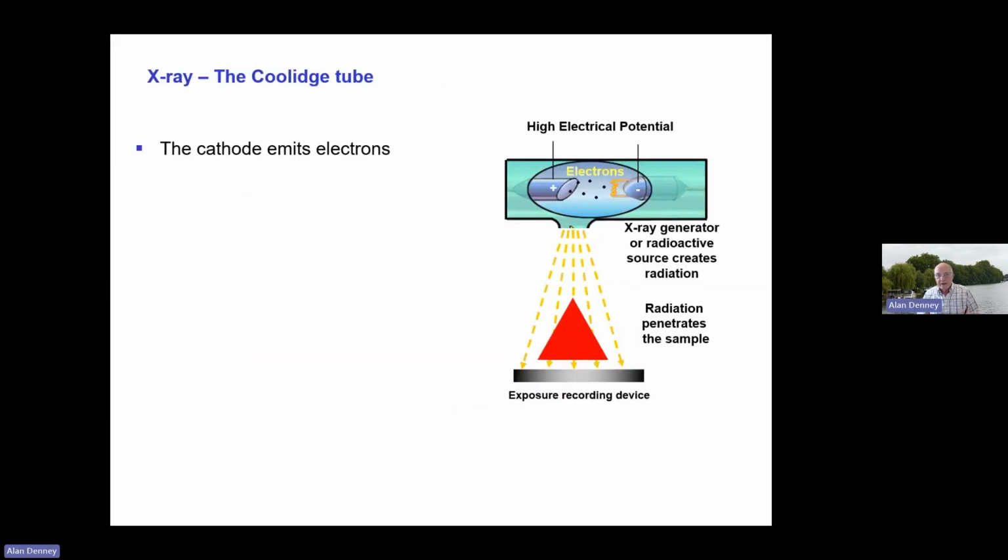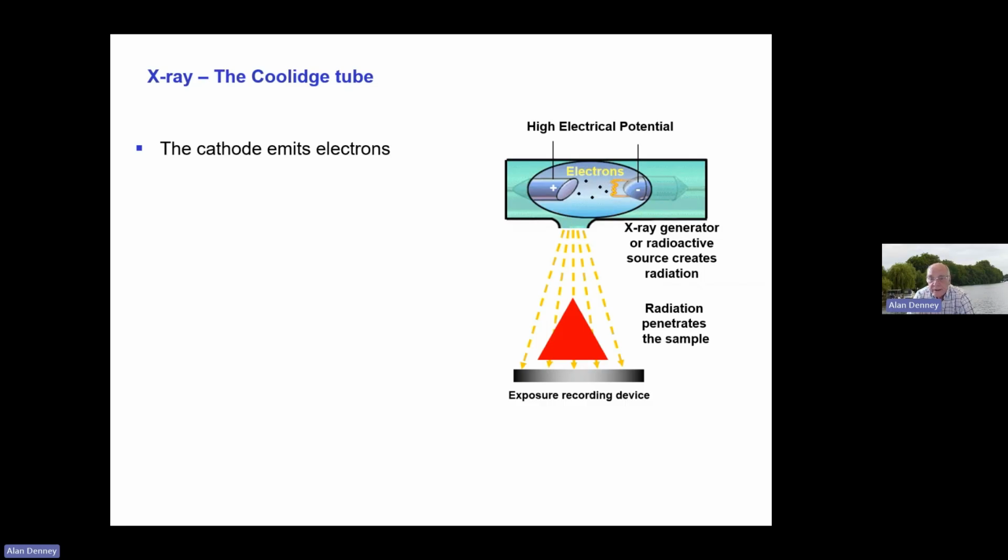So how do you generate X-rays? Well, you generate it with what is called the Coolidge tube, named after the person who invented it. Within that tube, in a vacuum, you've got a cathode and an anode. And the cathode there, you can see it glowing nicely.